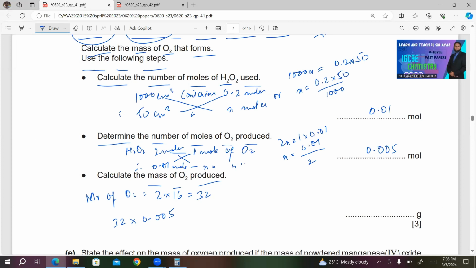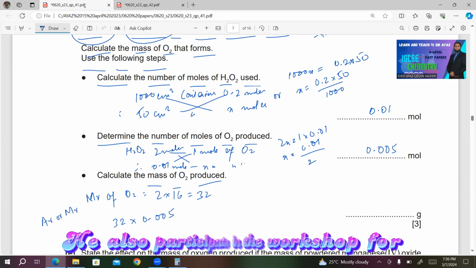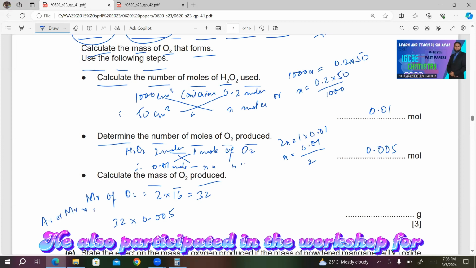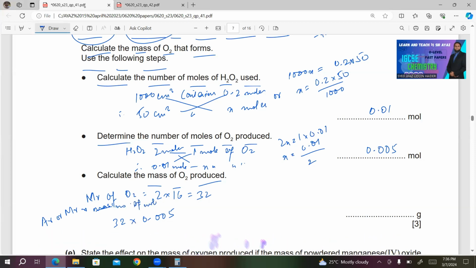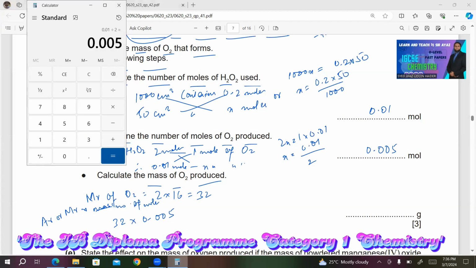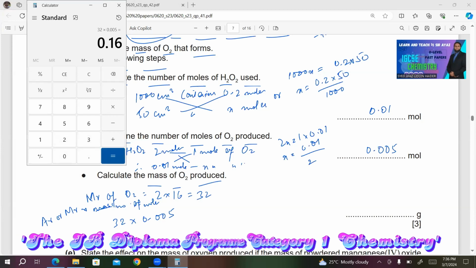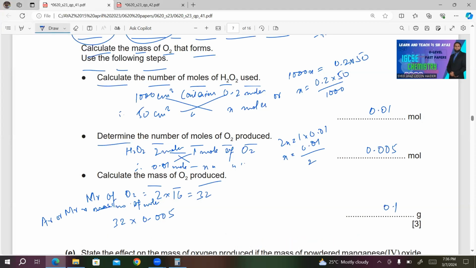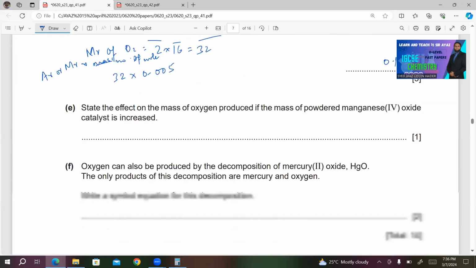The formula is MR into number of moles gives mass. So what we will get? 32 multiplied by 0.005, 0.16 gram. This will be the final answer.